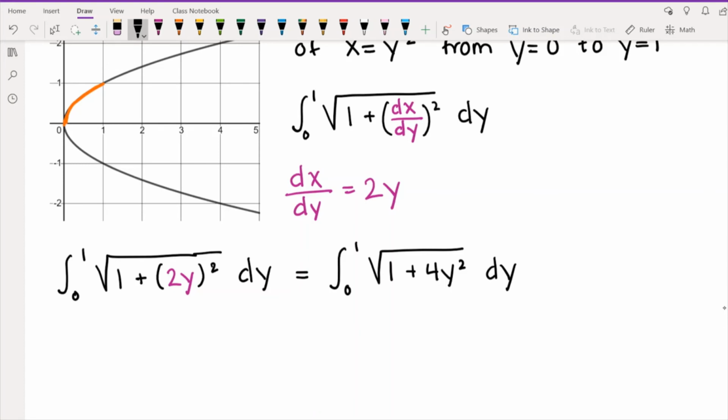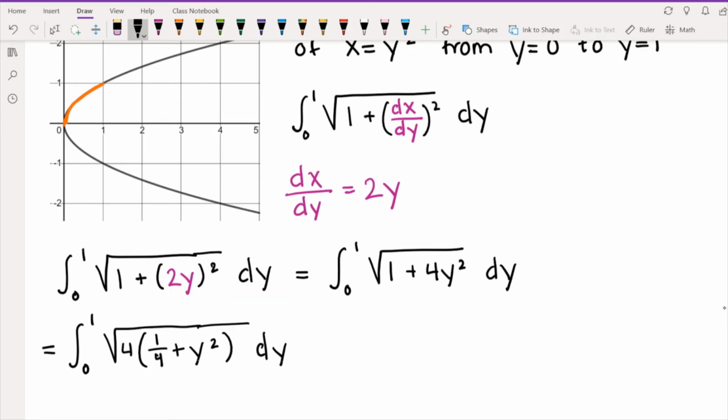So we can rewrite this as the integral from 0 to 1 of the square root of, if we factor out a 4 from both, we'll have 1/4, right? If you factor out 4 from 1, you get 1/4, plus y squared. And then we can take this 4 and pull it outside of the square root, and then pull it outside of the whole integral.